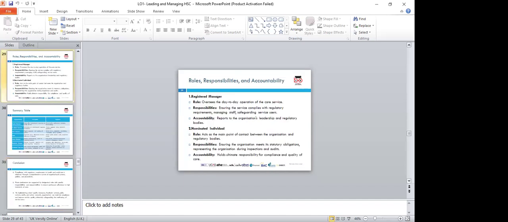Okay, who is a registered manager? Are you asking me? Yes, please. Okay. I think the registered manager is the one who is at the helm of affairs in the care home. And this is someone who has passed the CQC requirements for somebody who is eligible to oversee the activities in a care organization, not even a care home only, in a care setting, basically.